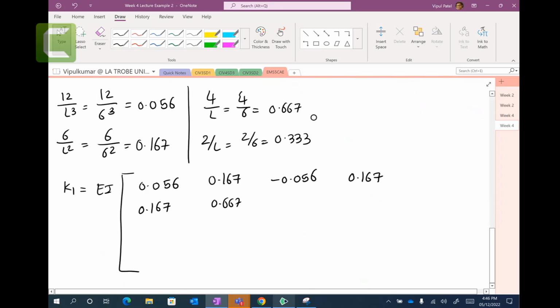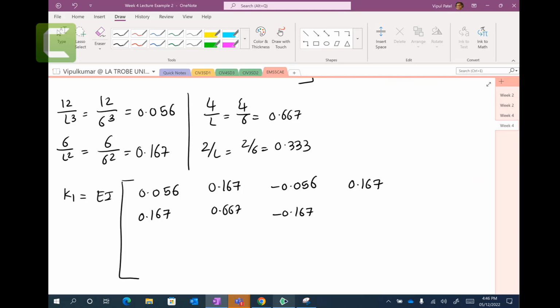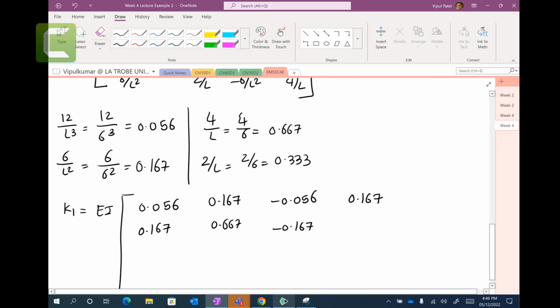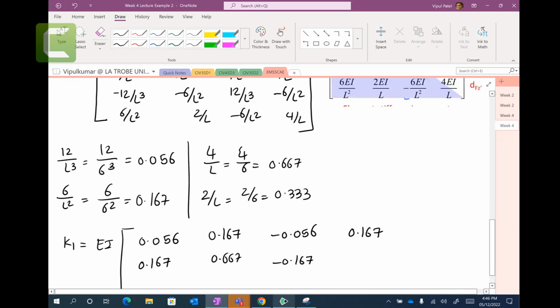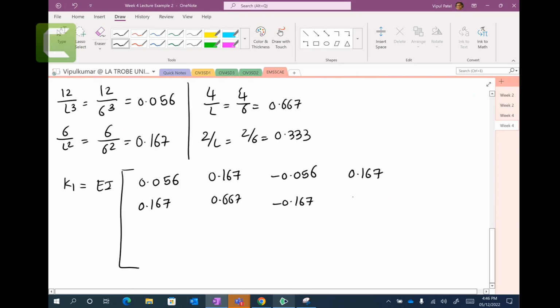Minus 6 on L squared, minus 0.167. 2 on L, 0.333.